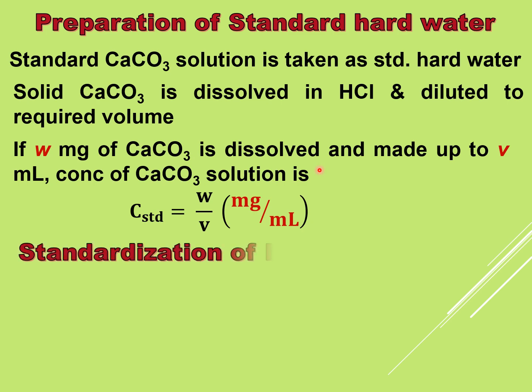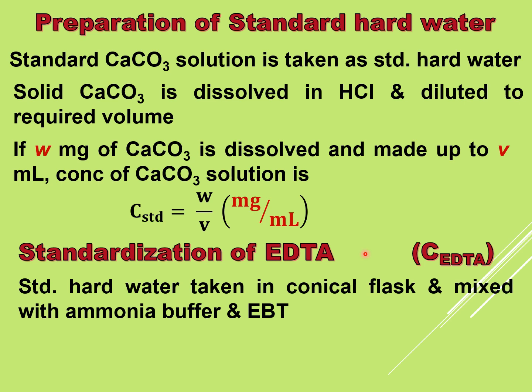Second step, standardization of EDTA. How will we standardize EDTA? We have to do the titration. Okay. So we are finding out C EDTA, concentration of EDTA in this step. Standardization of EDTA means we are finding out the concentration of EDTA. Standard hard water is taken in a conical flask and mixed with ammonia buffer and indicator, EBT indicator.